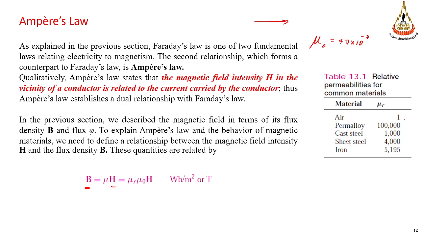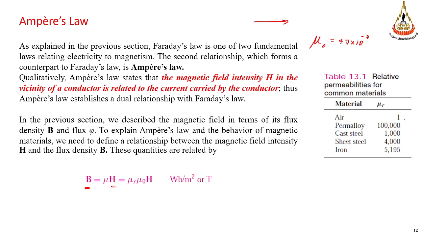If the magnetic field passes through air, the value will be very low. But if it passes through some medium like steel, metal, or iron, it's easier for the magnetic field to pass, because the permeability is higher.